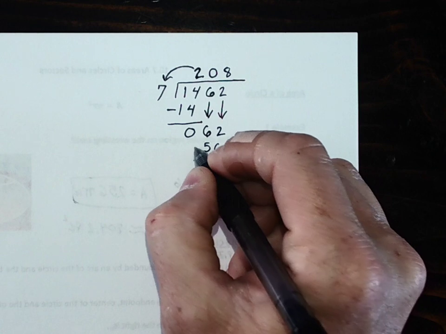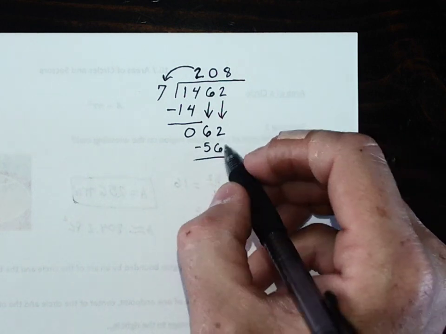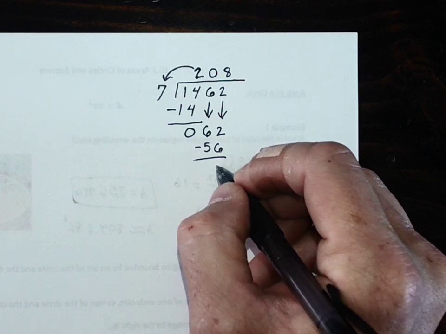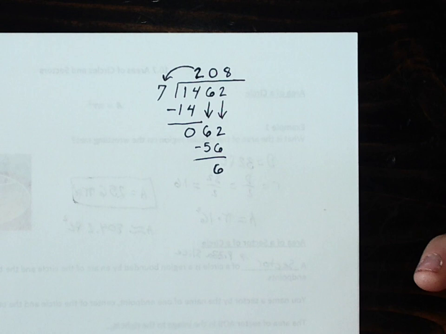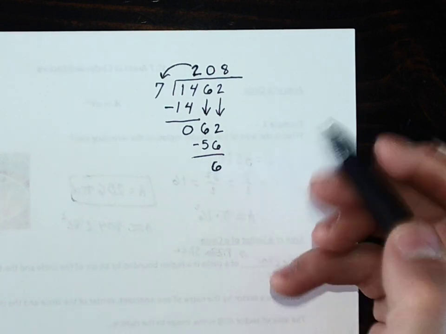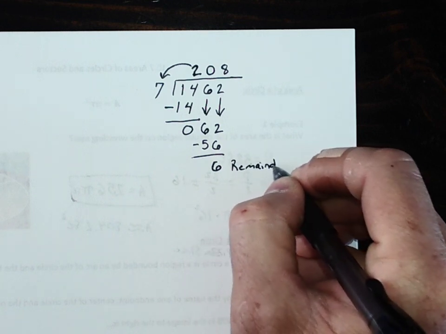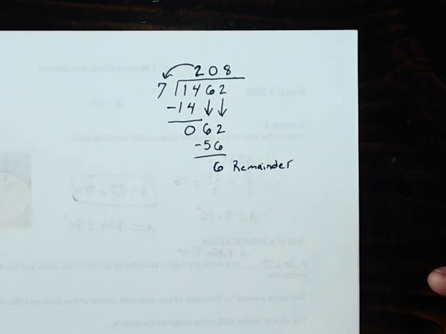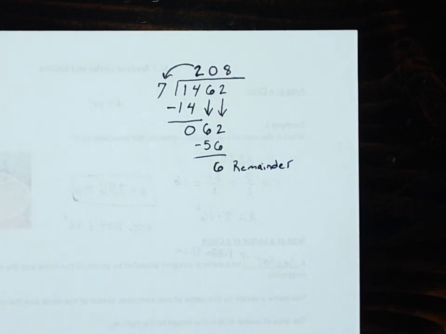And then you subtract 56 from 62, which is... no, not 4, 6. 62 minus 56 is 6. Now, what happens with this 6? This 6 is called the remainder. Okay? It literally remains. It's your fraction that is left over.